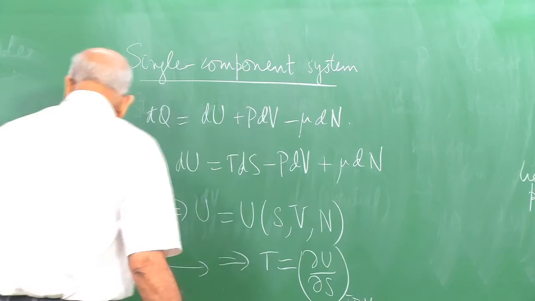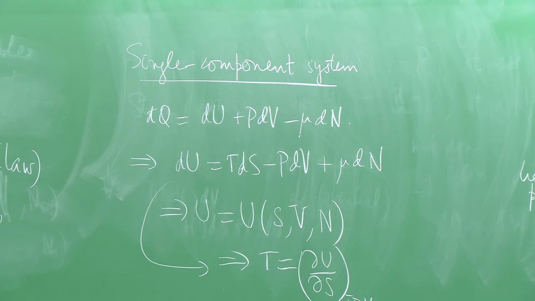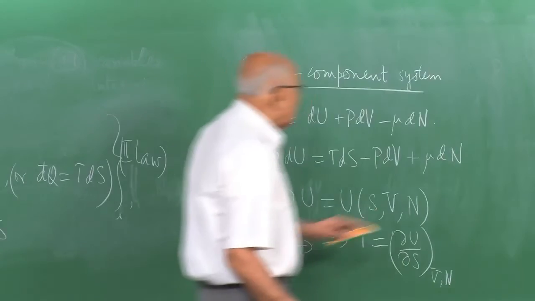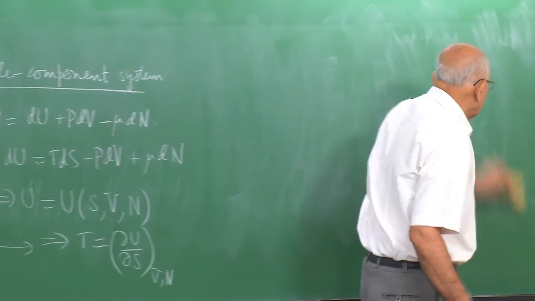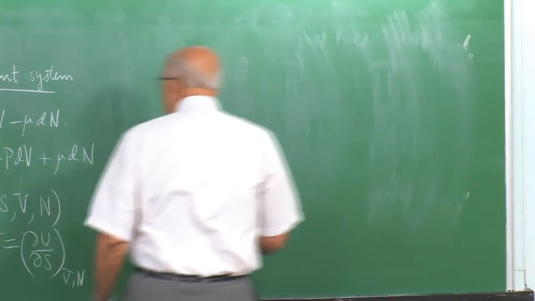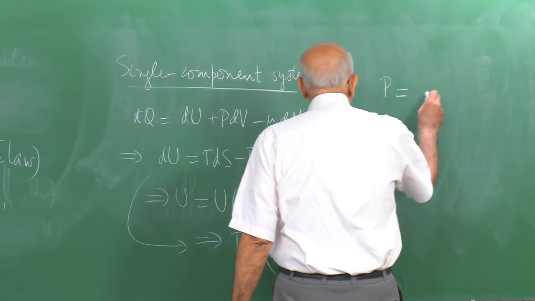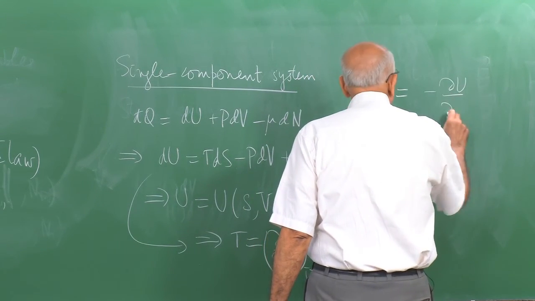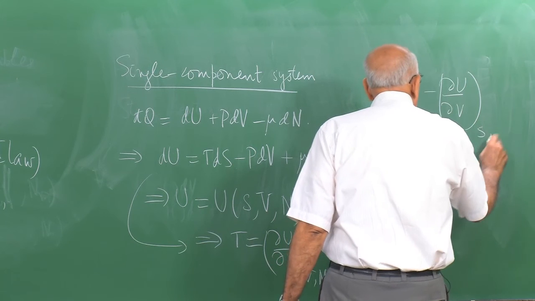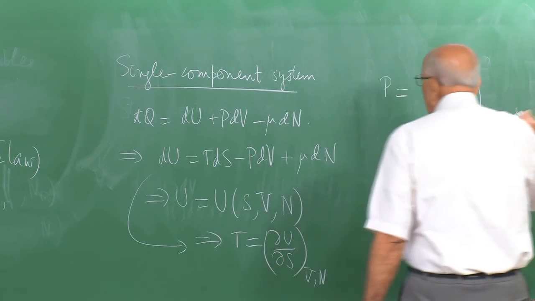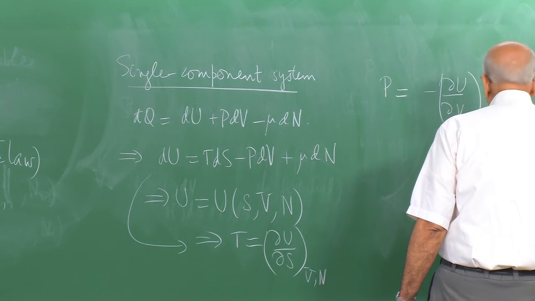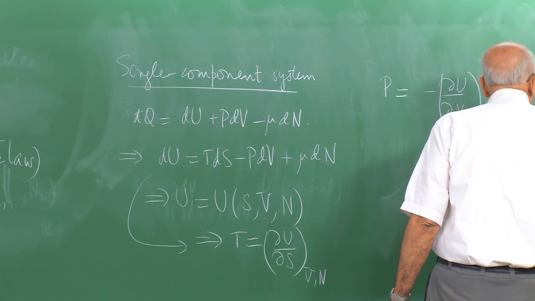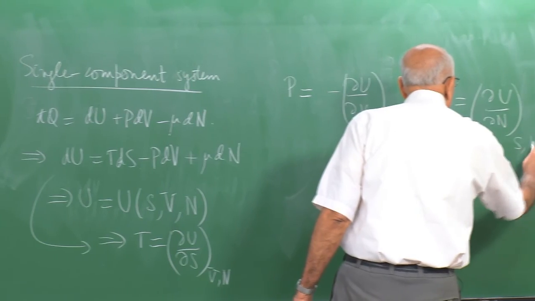Similarly, in exactly the same way, you immediately find that the pressure is equal to minus delta U over delta V, keeping S and N constant, and the so-called chemical potential is the derivative of U with respect to N, keeping S and V constant.